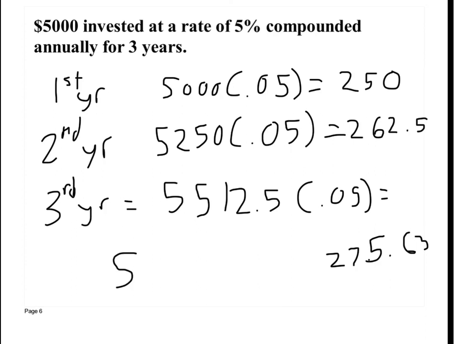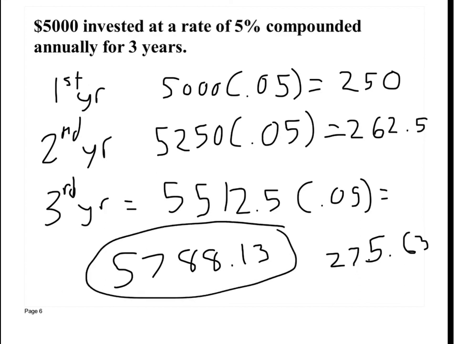Here's how much that account made, okay, in 3 years. It made $788.13 because all I did was put that $5,000 in the bank. That bank paid me $788.13. So for not touching my money for 3 years, now I have this amount in my account.